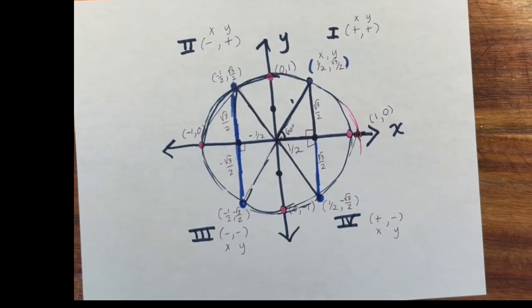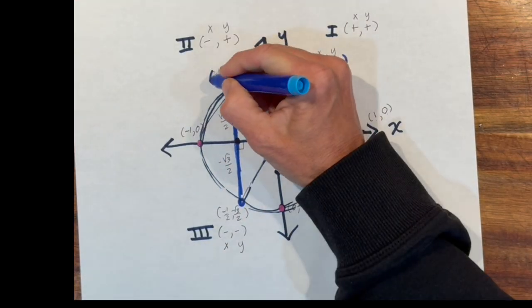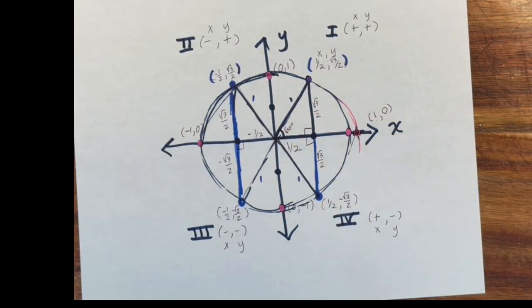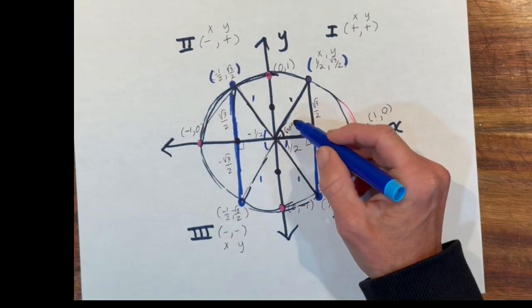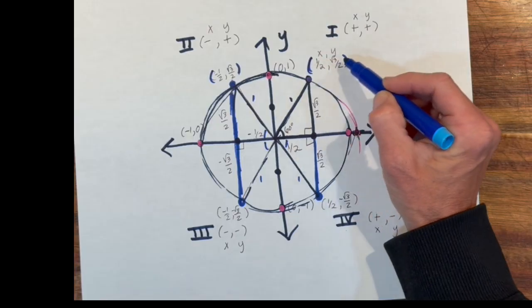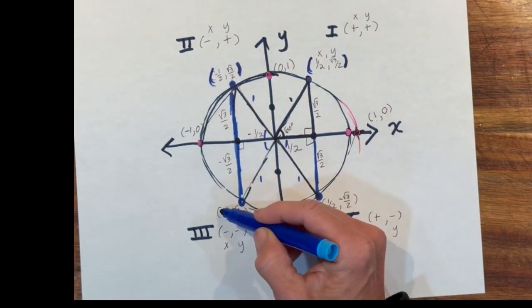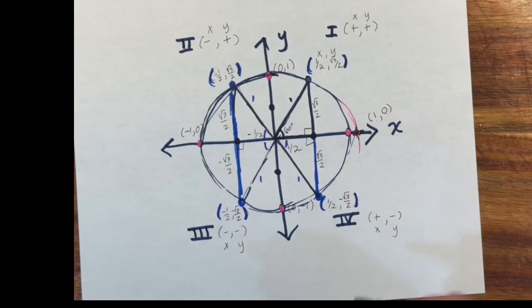What we're seeing here is that when we have the hypotenuse of 1, which all of these triangles share, we have a central angle that's like 60. It's like the same family, and we get the exact same coordinate: 1/2 and rad 3 over 2, 1/2 and rad 3 over 2, 1/2 and rad 3 over 2.